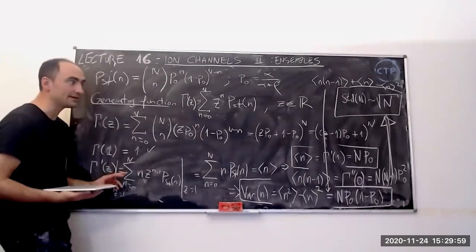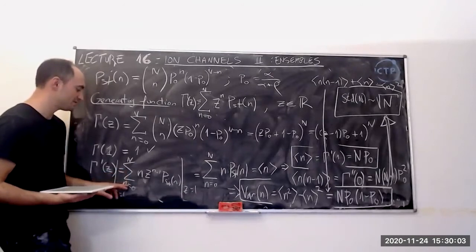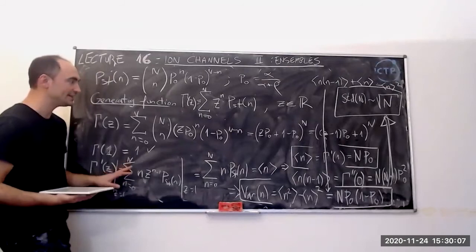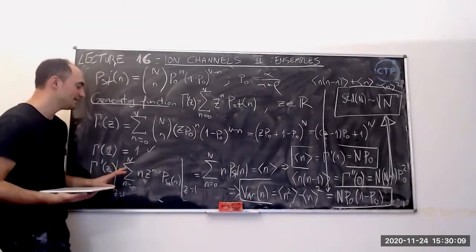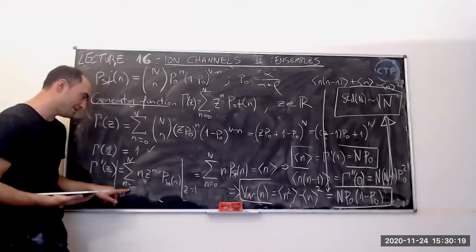Okay, we have to check this. It could be I made a mistake here, but I remember checking this, and it was 0. Okay, let's check this in detail, because I think if you have 1, you take the derivative, you sum from 0. You have to be careful.